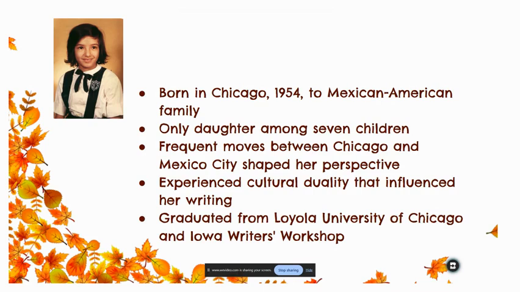She was born in Chicago in 1954 to a Mexican-American family. She was the only daughter among 7 children. They made frequent moves back and forth between Chicago and Mexico City, and that shaped her perspective. She experienced some cultural duality, and that influenced her writing, and she graduated from Loyola University of Chicago and the Iowa Writers' Workshop.